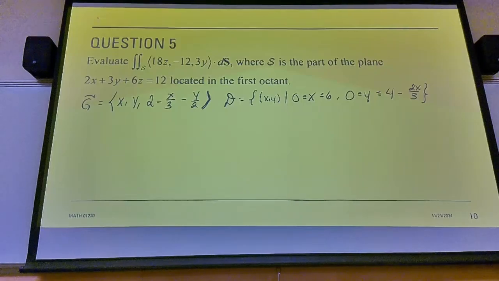So y is going to depend on x. How would you find that out if you didn't plot it? Set z equal to 0. Two x plus 3y equals 12. Then you solve for either x or y. In this case, I solve for y.